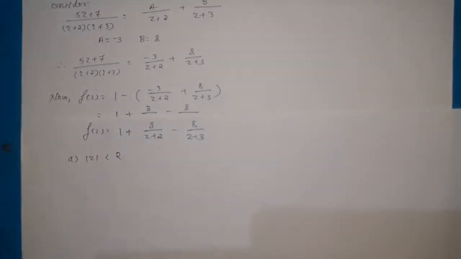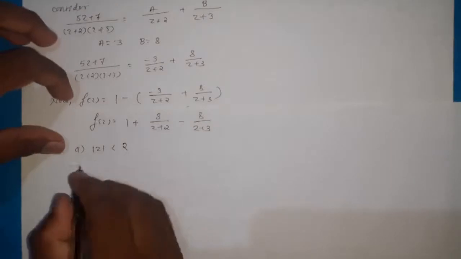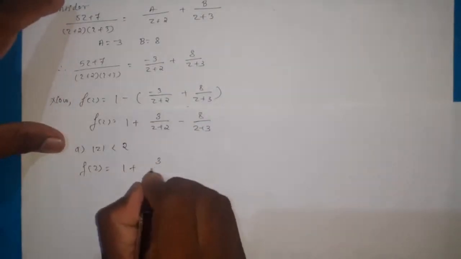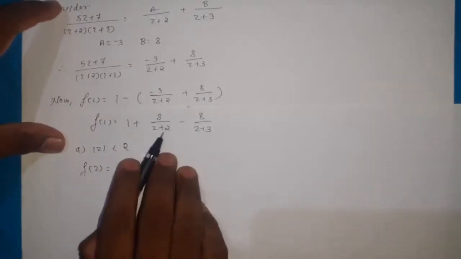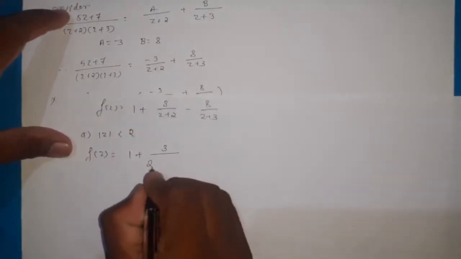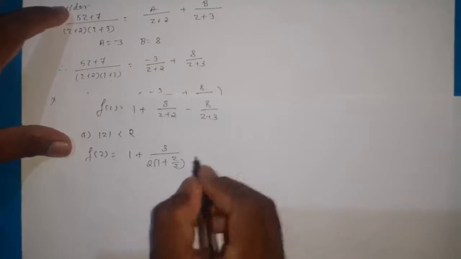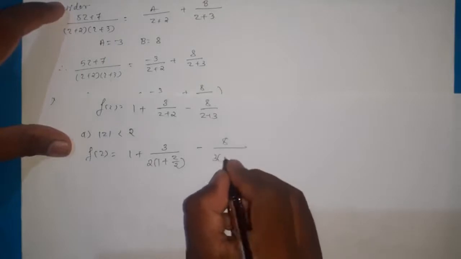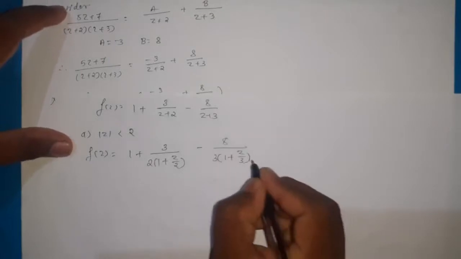So we know that whenever z is less than some constant, we need to take the constant which is present in that factor outside, and if z is greater, then take the z value outside. So therefore now f of z equal to 1 plus 3 divided by, here the constant is 2, so 2 into (1 plus z by 2), minus 8 into, here the constant is 3, so (1 plus z by 3).